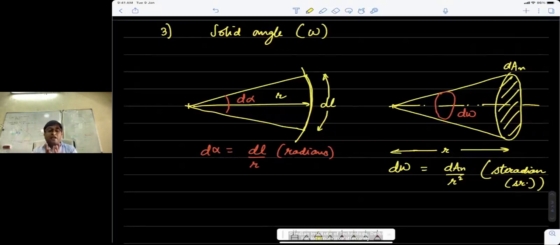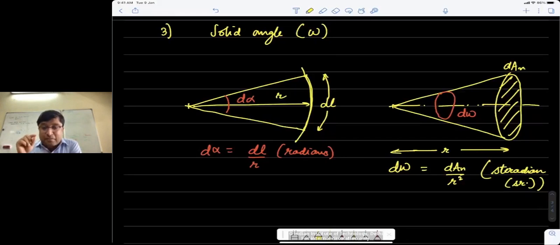d omega can be imagined to be like a cone, right? You think of it this way, that you have a circular disc somewhere, and you're watching it from some distance. When you take those rays from the perimeter of the circle, you will have a conical object in space. All the rays from the periphery are reaching you. So the angle of that cone is what is d omega. It need not be a cone, by the way.